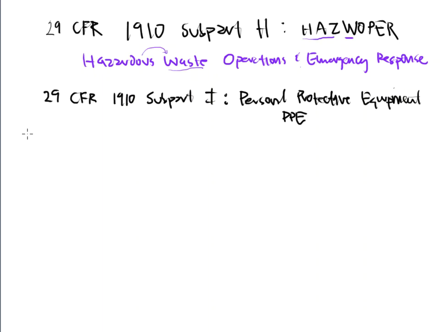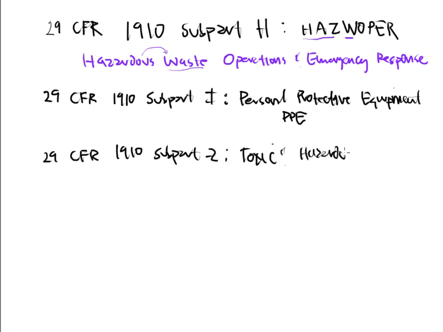Okay? Another 29 CFR section that we need to mention as well in the 1910 kind of chapter or subpart, if you want to think of that, Subpart Z. And that's toxic and hazardous substances.